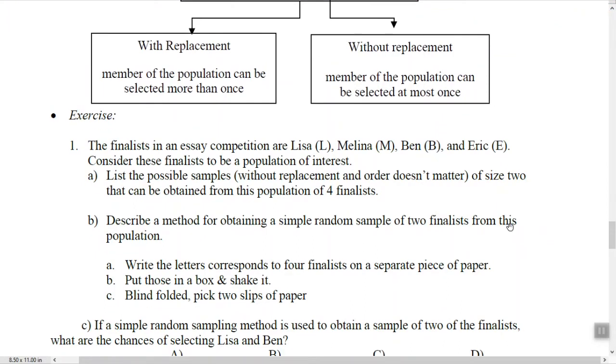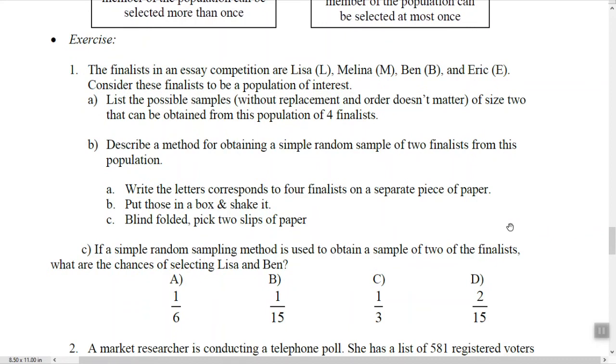Describe the method for obtaining a simple random sample of 2 finalists from this population. How do we do this? If you need to pick 2 of them, write their names on pieces of paper, put them into a box or whatever you cannot see through, and shake it.